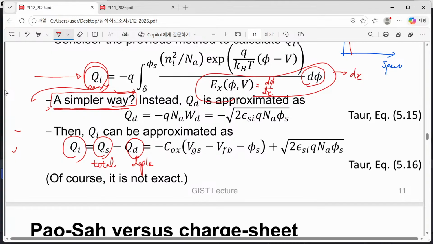So we can calculate this Q sub S charge exactly when we have phi s.